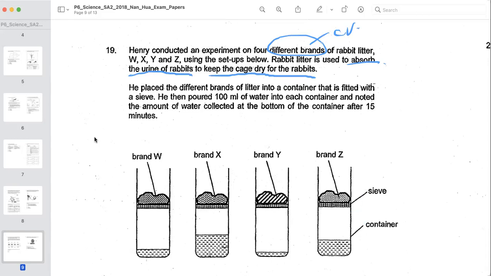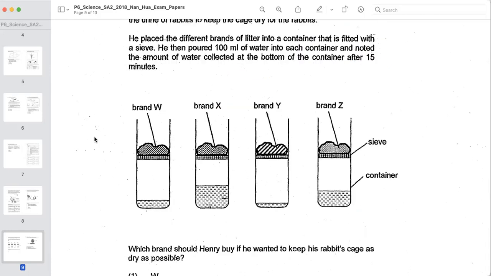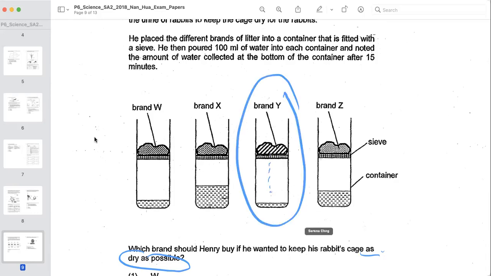So basically, he is testing how much water each brand of rabbit litter can absorb. Okay, so which rabbit litter can absorb the most urine so that the cage will be as dry as possible. The one that absorbs the most urine will allow the least urine to pass through. So which is brand 1.